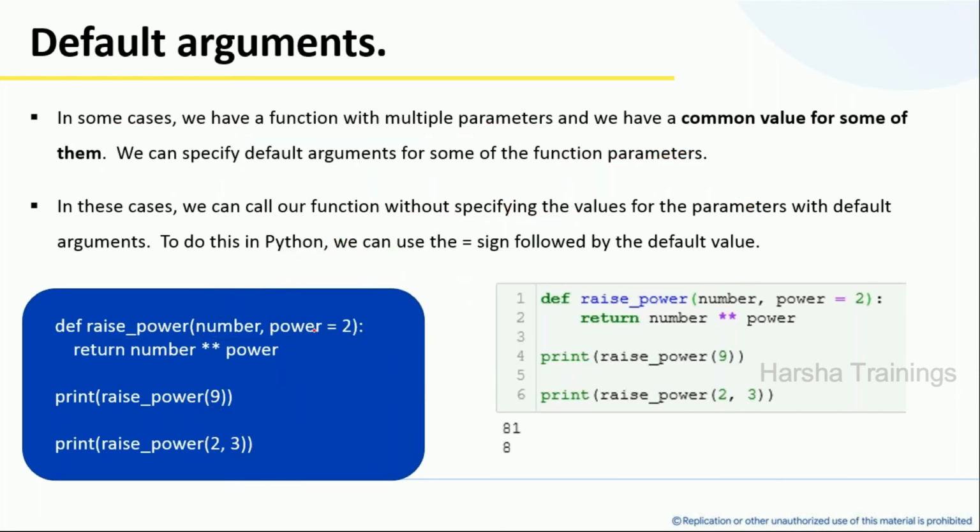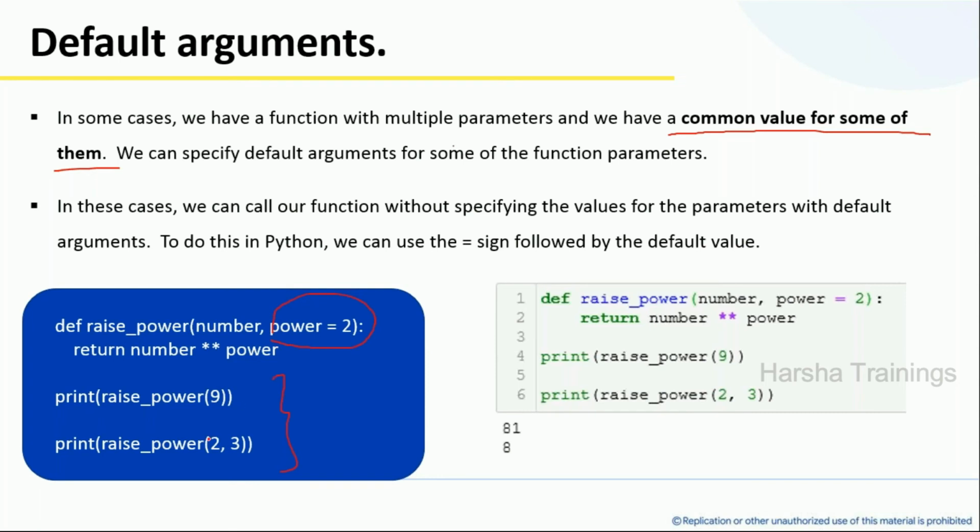If you want to have common parameters across multiple calls, officially speaking, default arguments have to be declared when I have a common value for multiple function calls. In those cases I want to assign a value for them.